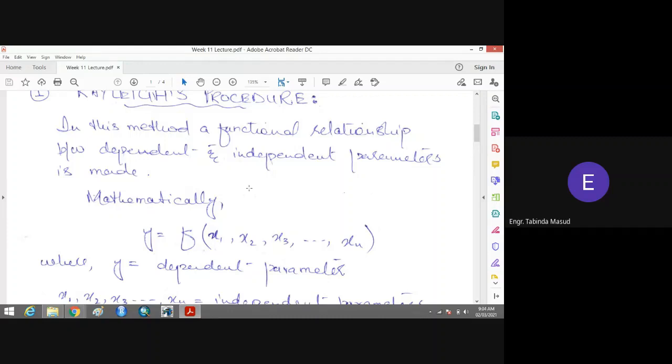Remember that this is not an easy job, because a person who is an expert in his study area will be able to define and think about these parameters exactly, but even he can sometimes make mistakes.